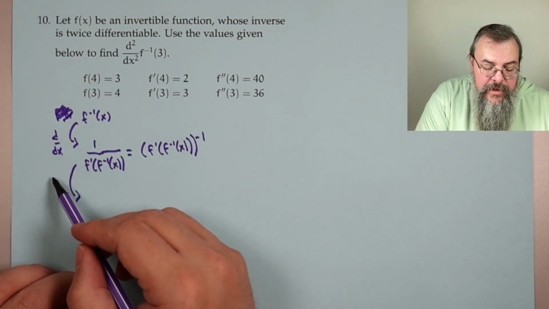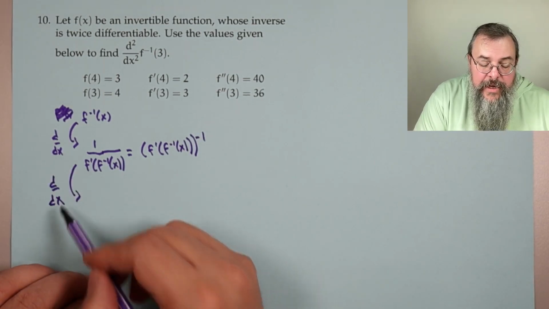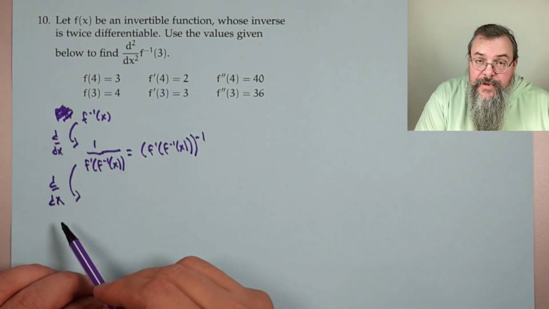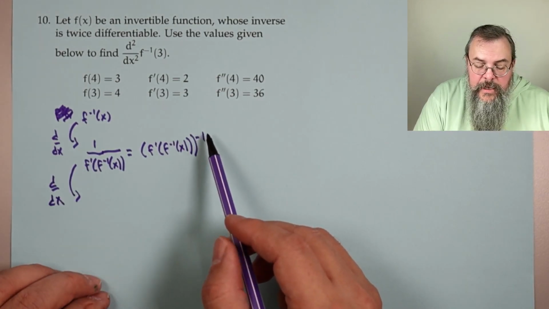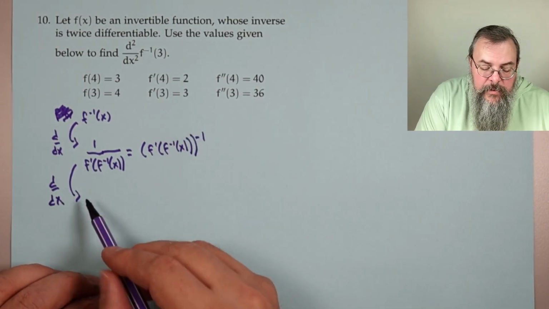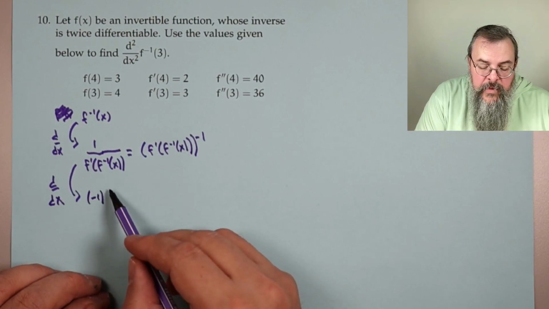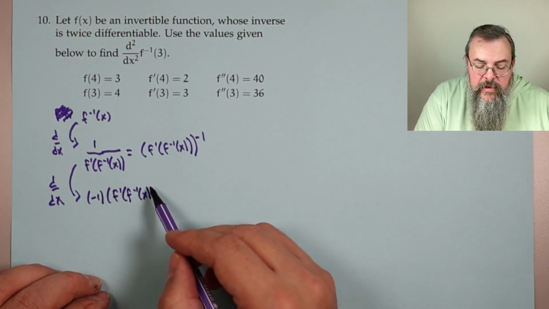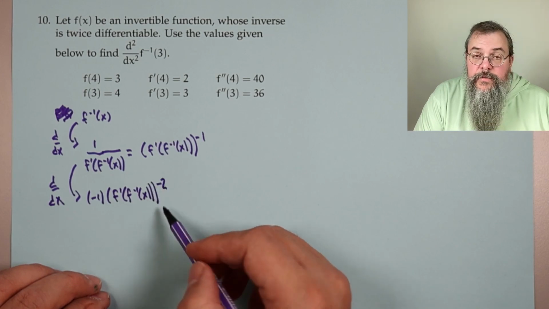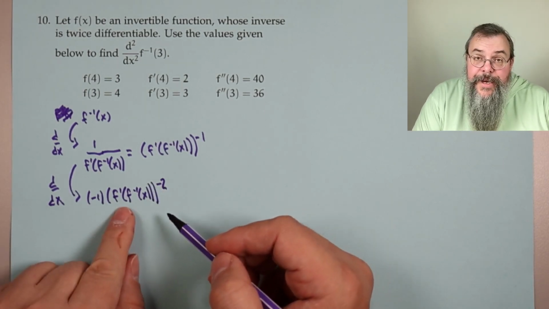So when we take another derivative, that's our second derivative, right? We've taken two derivatives, that's what we're after. So we're going to have the following. We'll have a minus 1 comes down, f prime, f inverse of x to the minus 2 times the derivative of the inside.